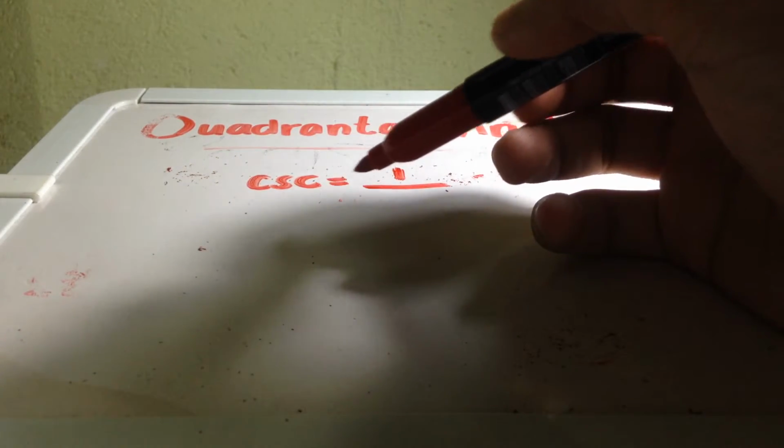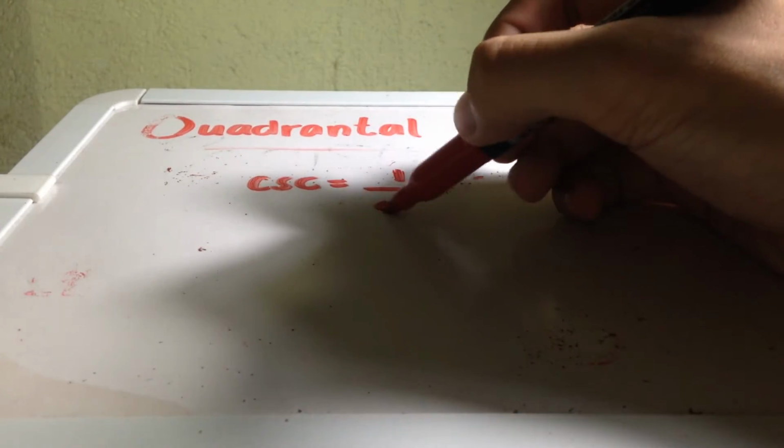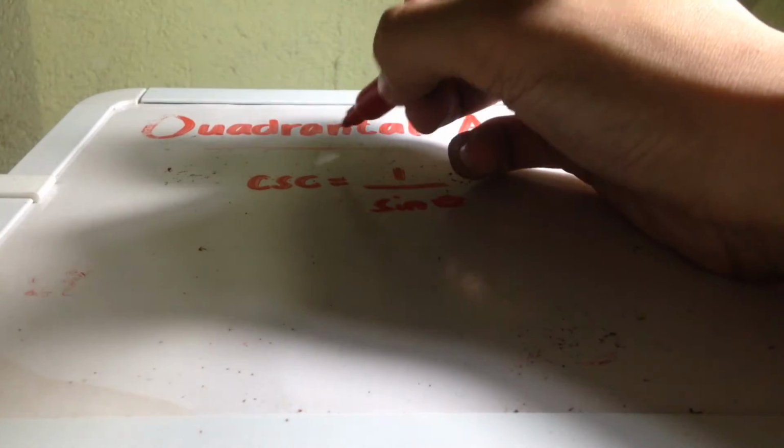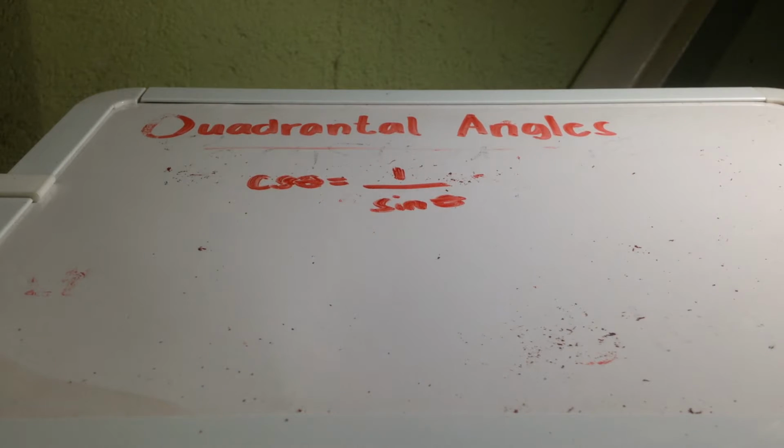Cosecant's reversal trigonometric function is sine, right? So cosecant theta is equals to 1 over sine theta.